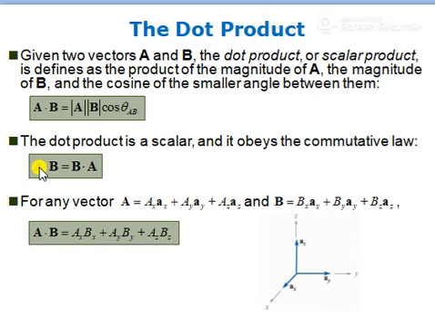Next, as each vector has its unit vector, if we take the dot product of the directions, for example, Ax dot Ay, Ay dot Az, Az dot Ax, what will be its product? As you know, cos of 90 degrees is 0, as Ax and Ay are perpendicular to each other.